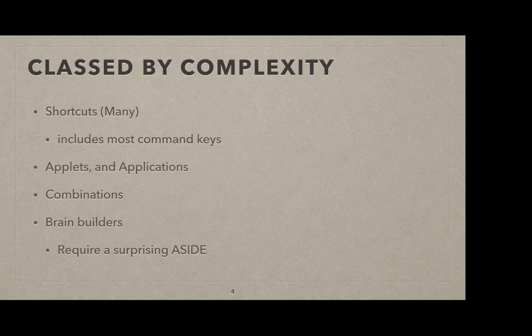So if you've got something that is both a brain builder, which I'll come to in a minute, but it's based on a shortcut, how should it really be classified? It's hard to classify a lot of these things because they fall under multiple headings. But if you classify by complexity, you've got more shortcuts than anything else. I mean, you've got thousands of shortcuts.